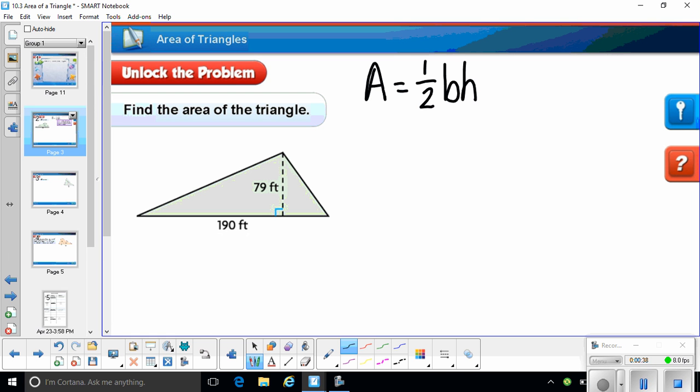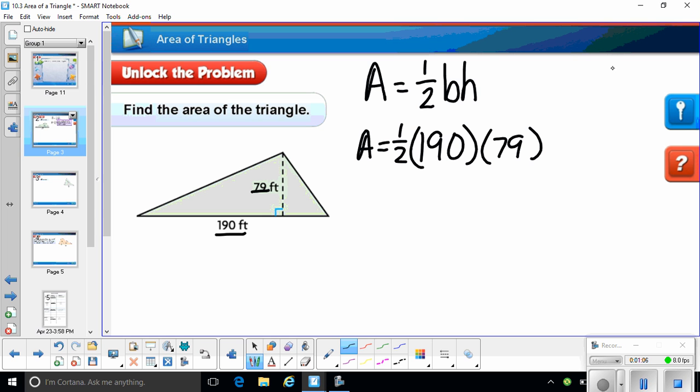And once you have that formula, you're going to plug in the information that they've given you. So in this case, area equals 1/2. My base is 190. And my height is 79. And then I'm going to go ahead and solve.